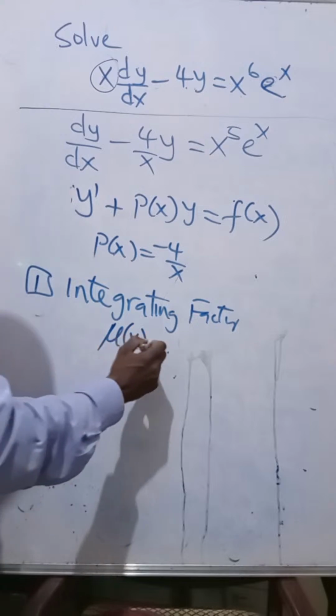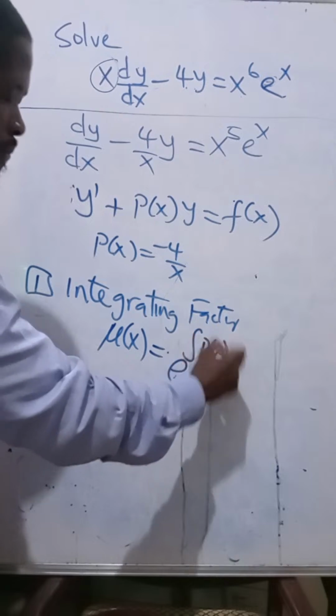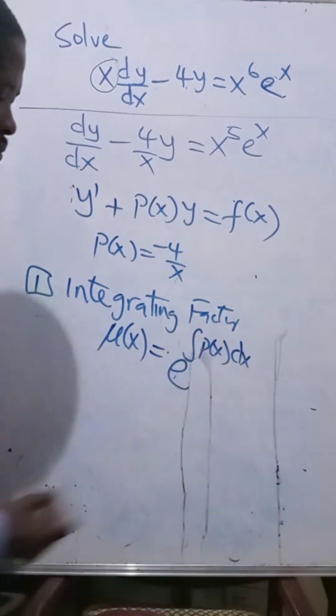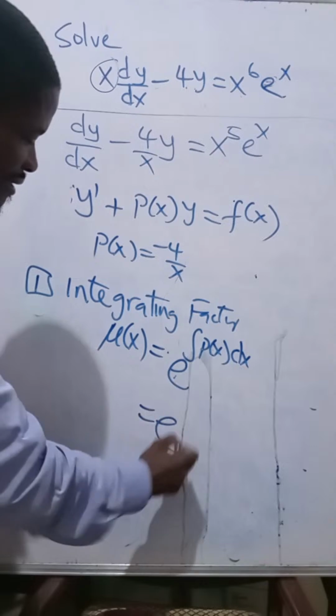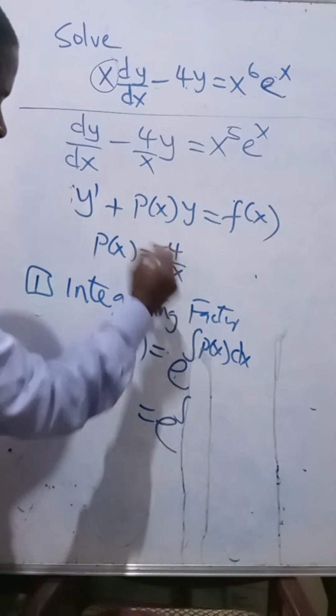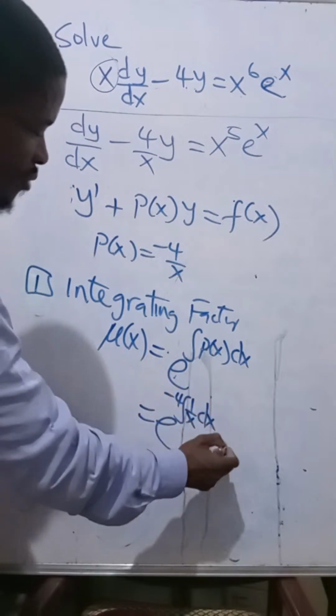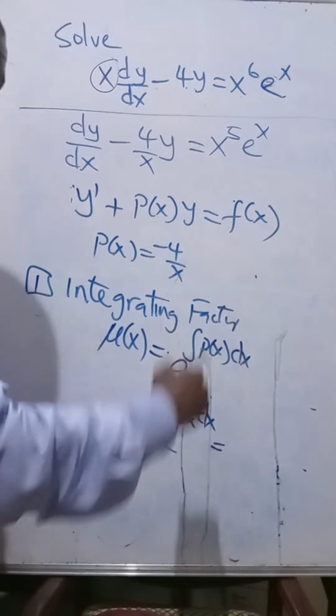It will be equal to, it has this formula, e to the power integral of p of x dx. Here p of x is minus 4 over x. The minus 4 can go outside, and then we have the integral of 1 over x dx.